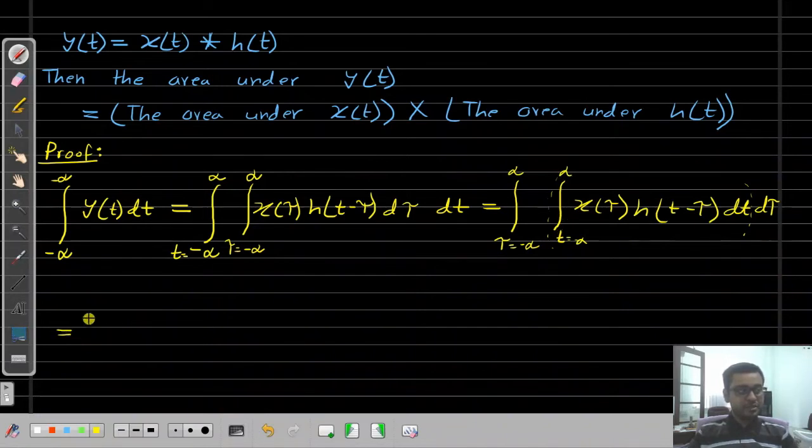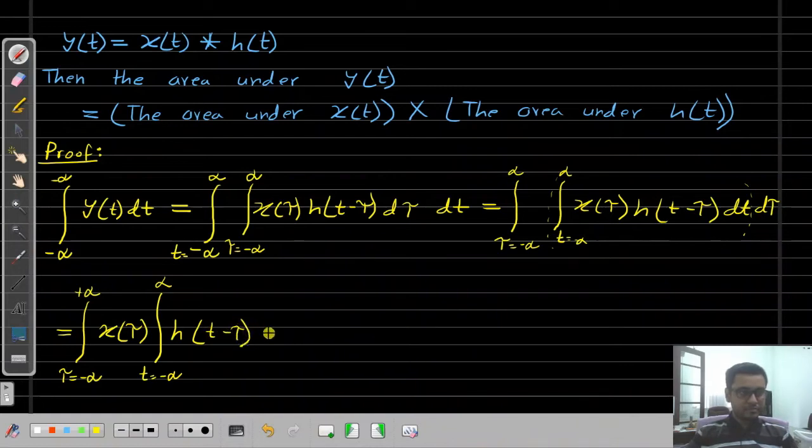Then it becomes x(tau), then t equal to minus infinity to infinity, h of t minus tau dt, and d tau.